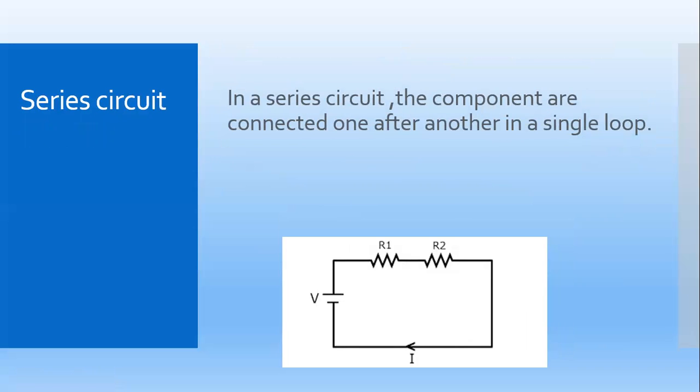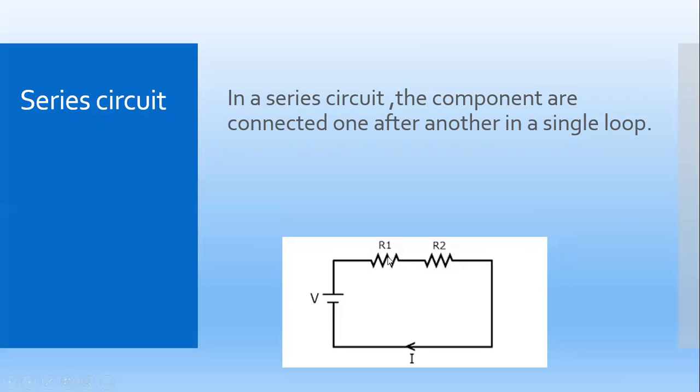Series circuit. In a series circuit, the components are connected one after another in a single loop. You see in this diagram, this is the diagram of the series circuit. A battery or cell provides voltage to the circuit. R1 is a resistor, R2 another resistor.